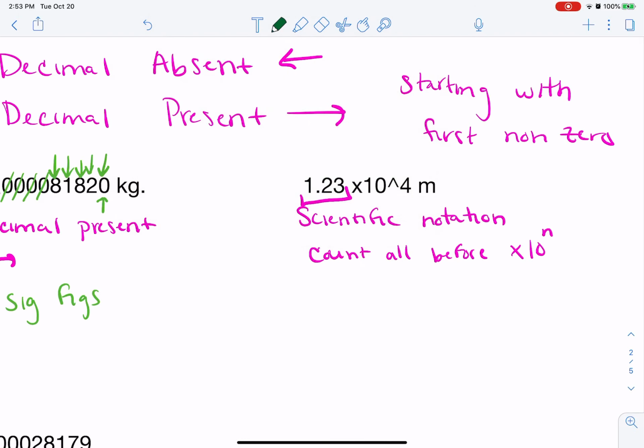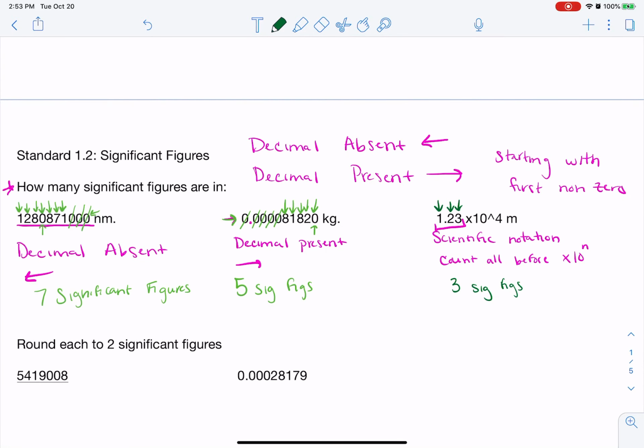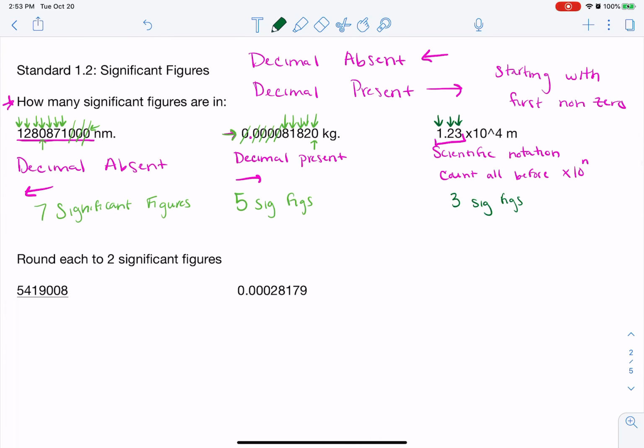So I'm counting 1, 2, 3. And this has 3 sig figs. Okay. So when we're finding significant figures, if the decimal point is absent, we start from the right. If the decimal point is present, we start from the left. And if we have scientific notation, we just count the numbers before the times 10.